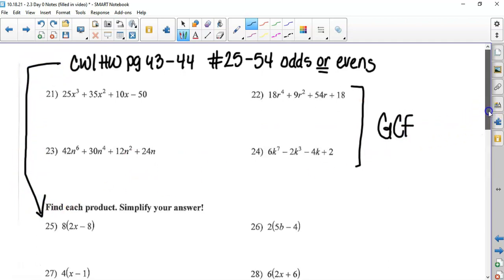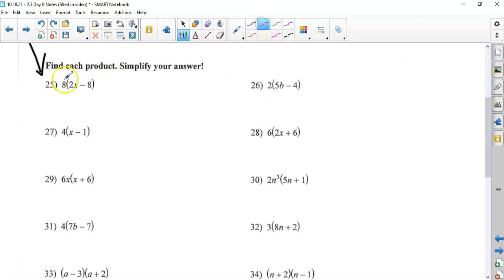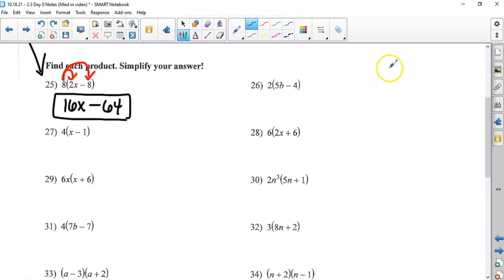For the remainder of class, you're going to practice your distributing skills. So we spent a lot of time on GCF. We do need to remember how to distribute. So that goes back to using our arrows. For example, 8 times 2x is 16x. 8 times negative 8 is negative 64. Remember that to combine like terms, let me put the definition over here.